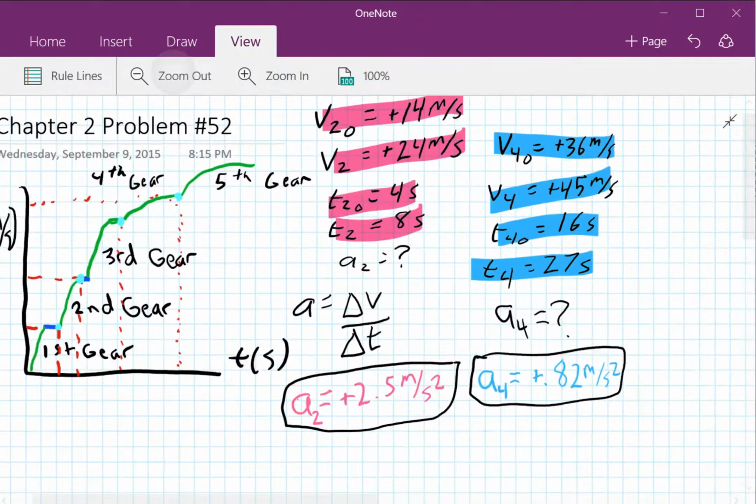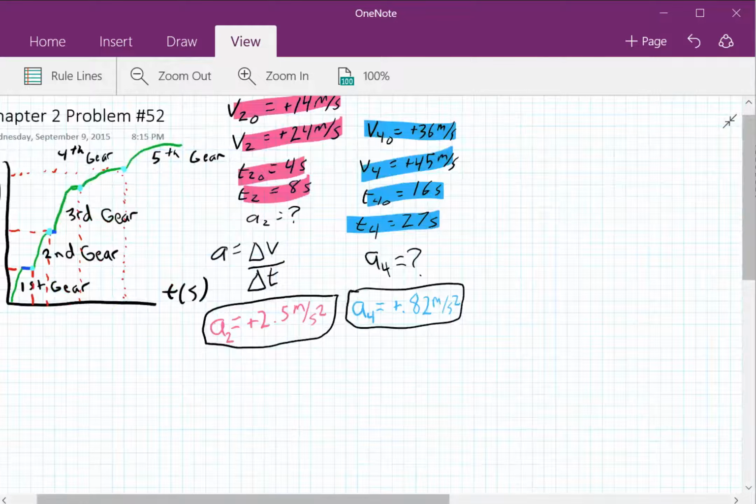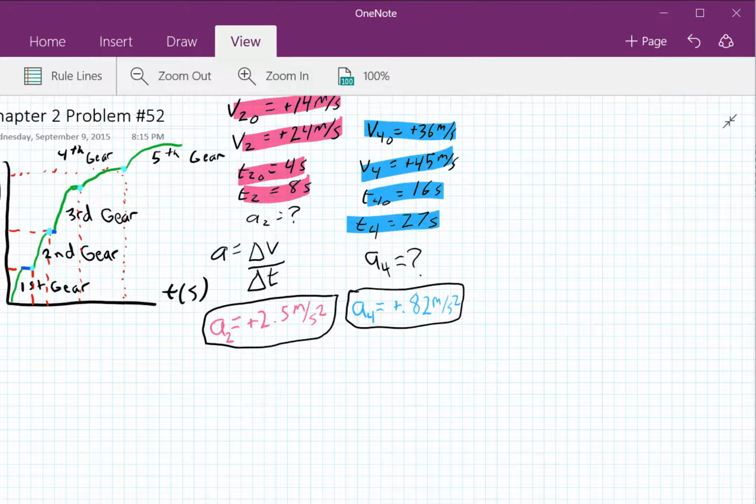The next part, you have to figure out the distance traveled just in the fourth gear. Okay, so you actually don't need to use the second gear at all in this problem.